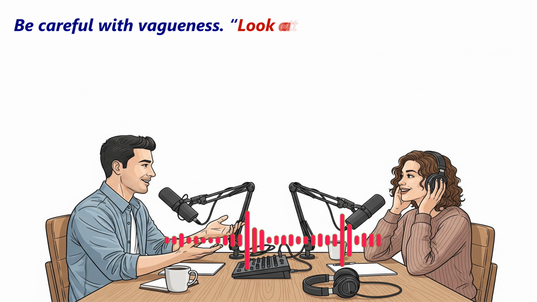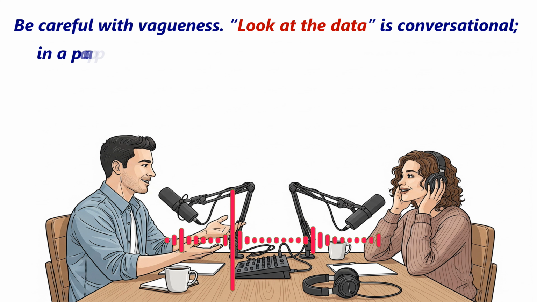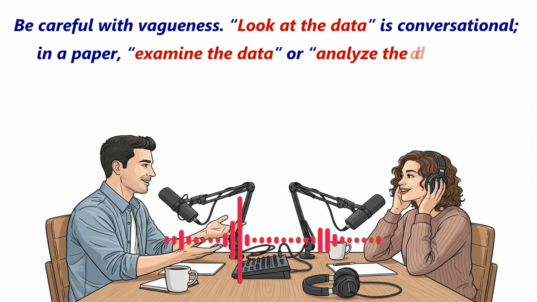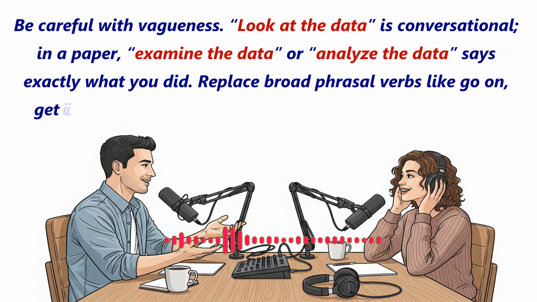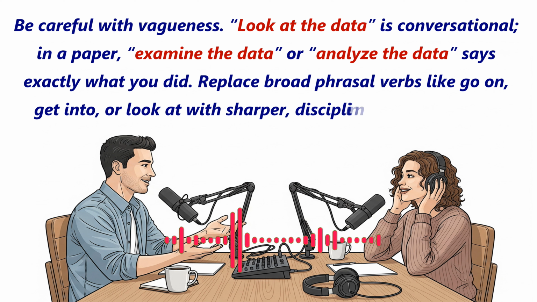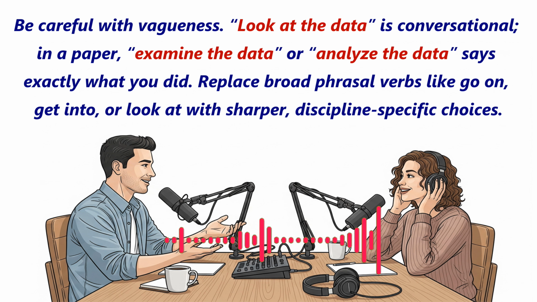Be careful with vagueness. "Look at the data" is conversational. In a paper, "examine the data" or "analyze the data" says exactly what you did. Replace broad phrasal verbs like go on, get into, or look at with sharper, discipline-specific choices.